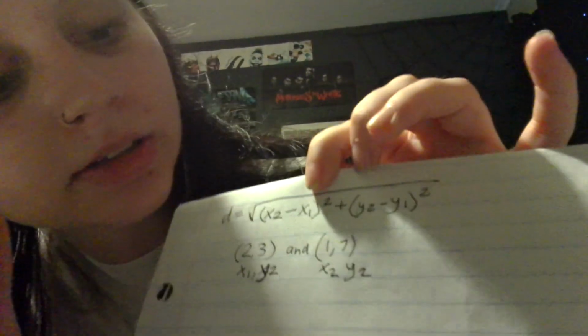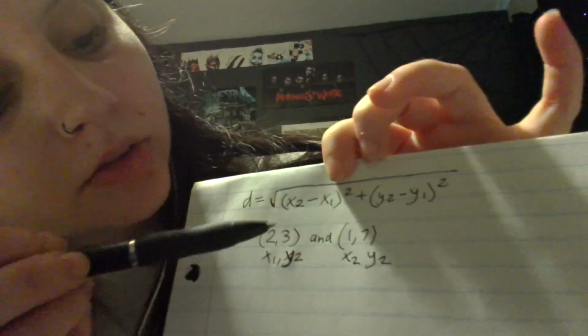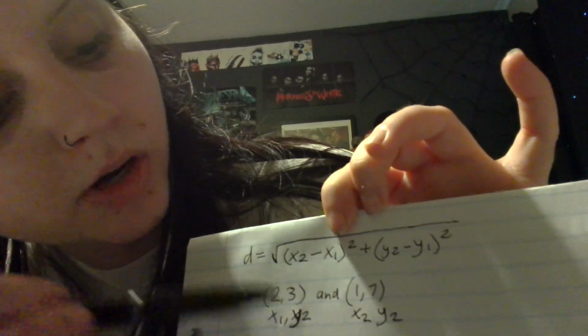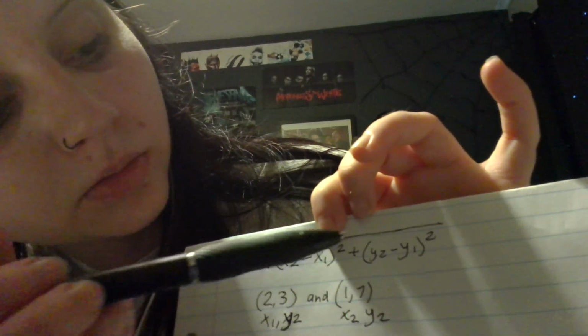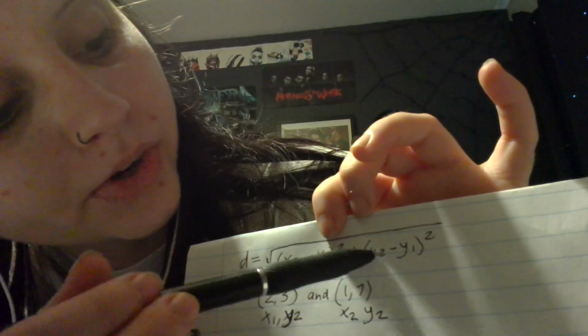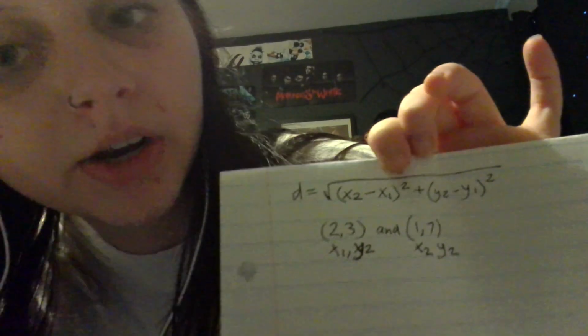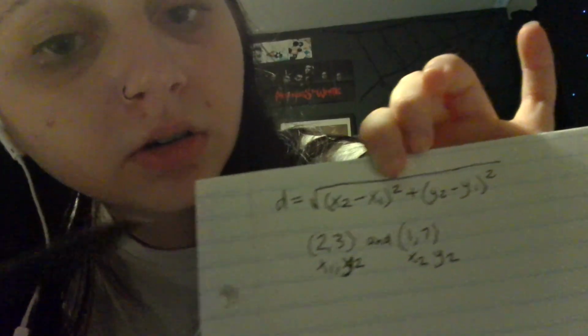So this means that the x1, for example, would go right here, the y1 would go right here, x2, we just need to plug it in. So right now we're going to go ahead and do that, plug all the numbers into their correct spot. Let me go ahead and do that.